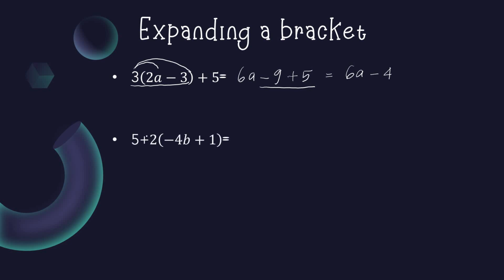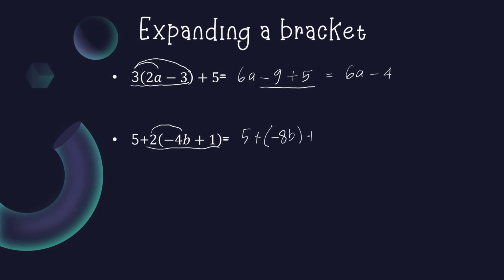Okay, next this one, we need to do this one first. So let's do this one. 5 plus, we still rewrite the 5. And then 2 times negative 4b. So that will be negative 8b.